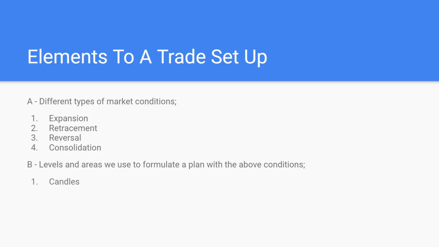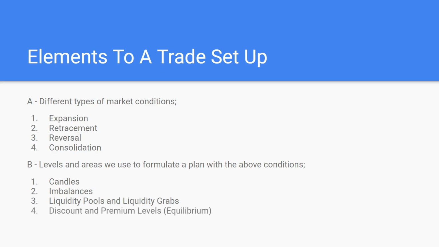And we are going to look at candles, we're going to look at imbalances, we're going to look at liquidity pools and liquidity grabs, and we're going to look at discount and premium levels, which can be put under the same bracket as equilibrium. That is a 50% marker. Equilibrium is a very powerful tool in this idea of trading.